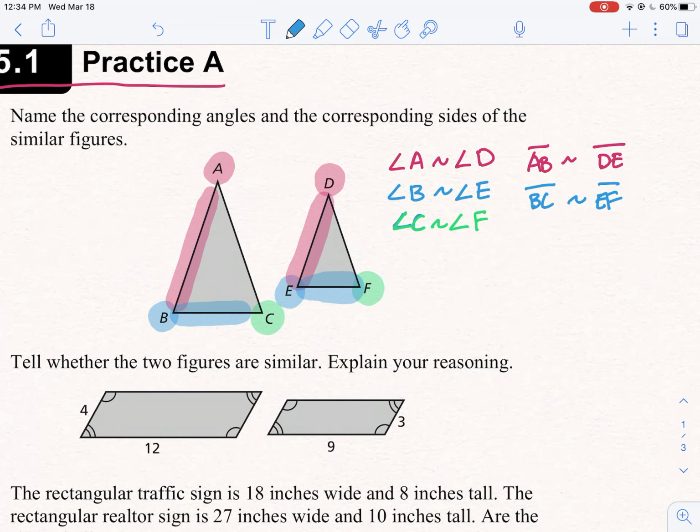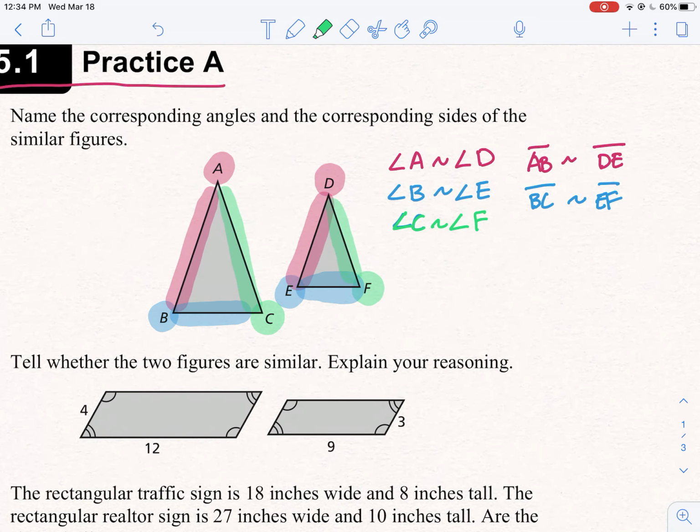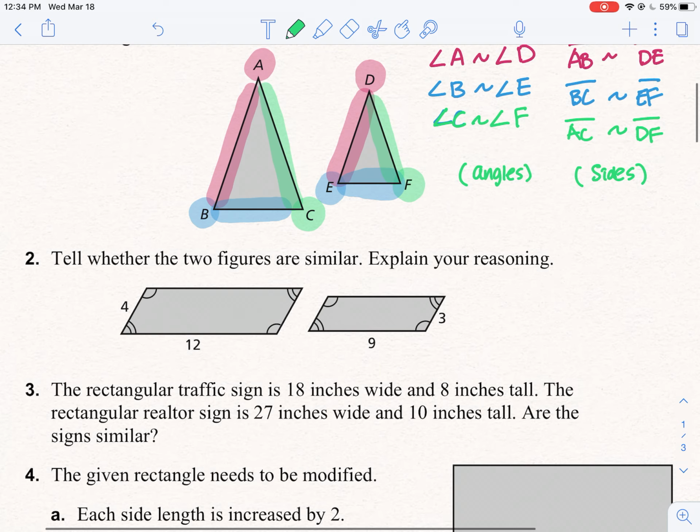So BC and EF are corresponding. And last but not least, you have AC corresponding to DF. So here are the corresponding sides, and these are the angles. Okay, so you have to have all 3 of them for triangles. If you have quadrilaterals, you'll have 4 angles and 4 sides.